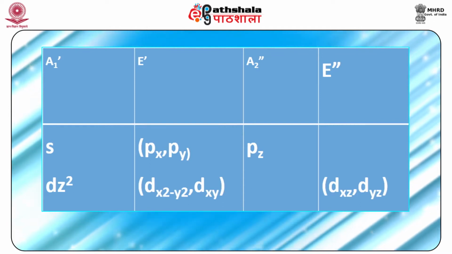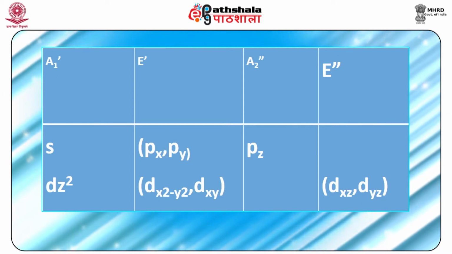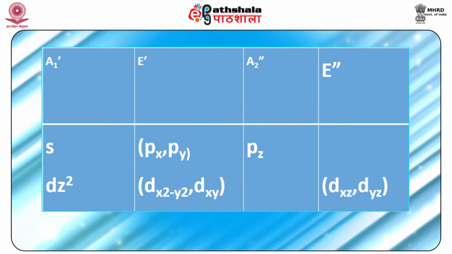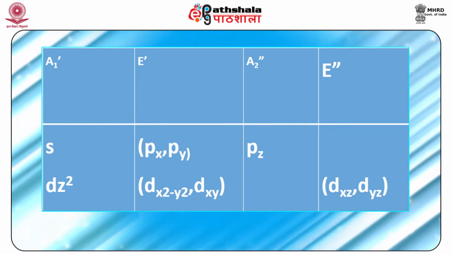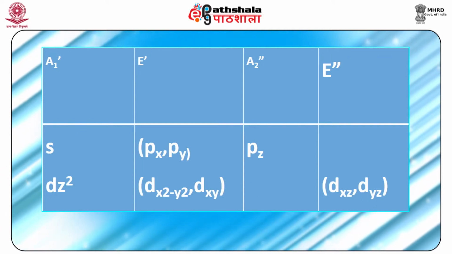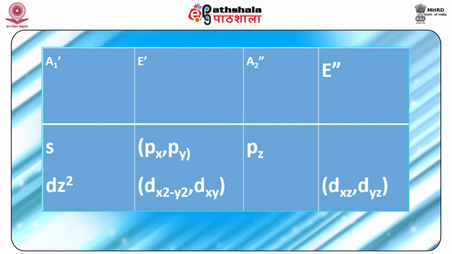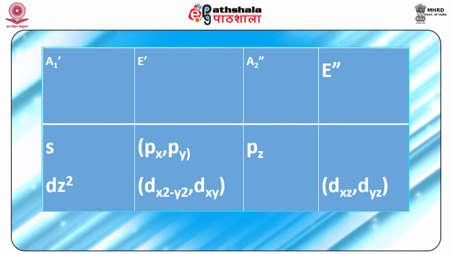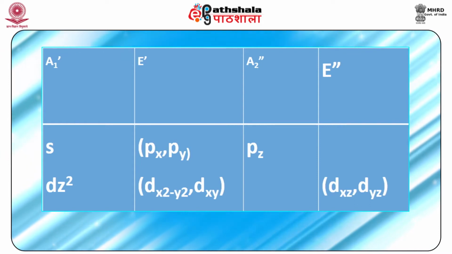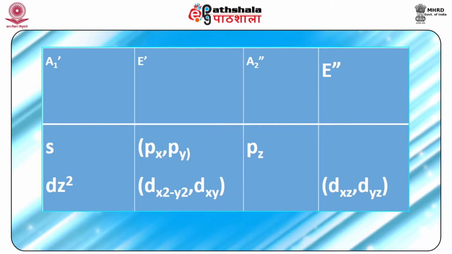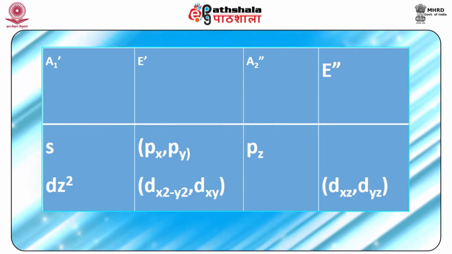In order to form 5 equivalent hybrid orbitals on the phosphorus atom, we have to have two atomic orbitals of A1 dash, one atomic orbital of A2 double dash, and two atomic orbitals of E dash. Based on this information, we can list all possible combinations of atomic orbitals belonging to these symmetries, that is 2A1 dash plus A2 double dash and E dash.